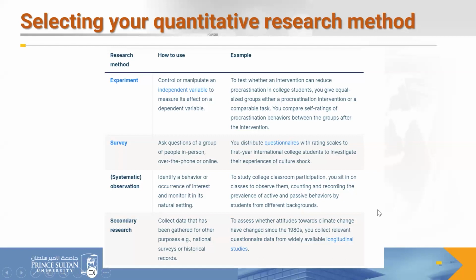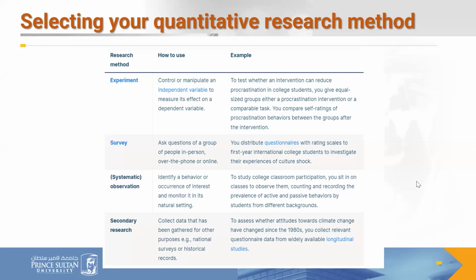To study college classroom participation, you sit in classes to observe them, counting and recording the prevalence of active and passive behaviors by students from different backgrounds. Or you may do secondary research, like to assess whether attitudes towards climate change have changed since the 1980s.